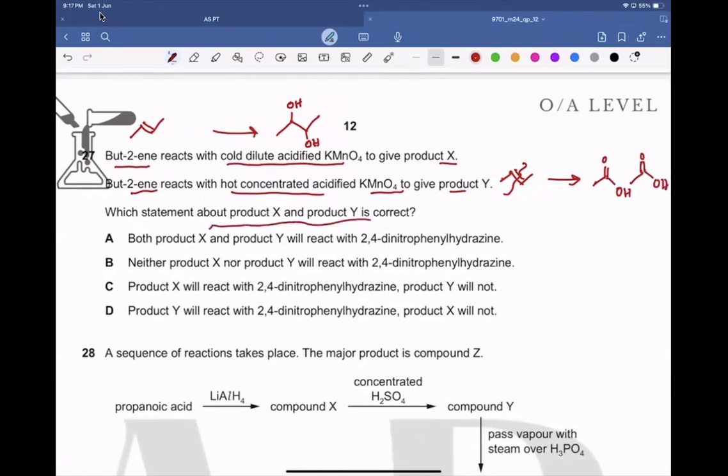Which statements about product X and Y are correct? Both product X and Y will react with 2,4-DNPH. No. With 2,4-dinitrophenylhydrazine, only aldehydes and ketones would react. So A goes wrong. Neither product X nor product Y will react with 2,4-DNPH.